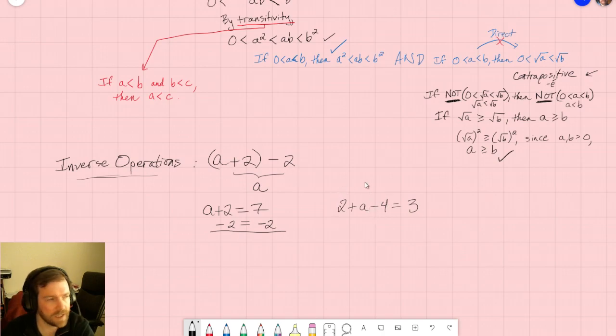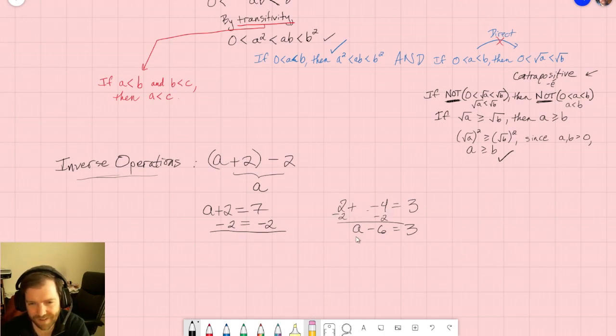And what they did here was they said, I'm going to subtract 2, subtract 2. And then here, this is 0, this is a, and this is minus 6 equals 3. But notice that if we do this, we're going to get a different... I shouldn't use a. Not the same number. B.